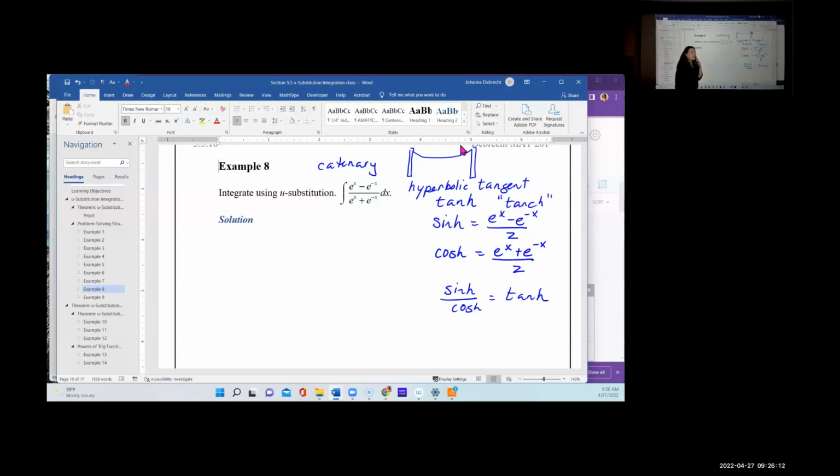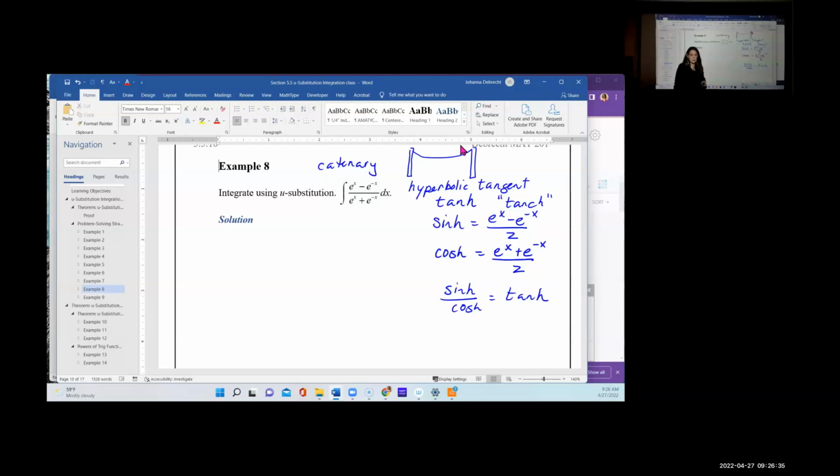So really, there are only 2 possible choices for u. Because it needs to be something multiplied or divided with something else, it's either got to be the numerator or the denominator. Those are our only 2 choices. When given the choice between numerator and denominator, it's almost always the denominator.